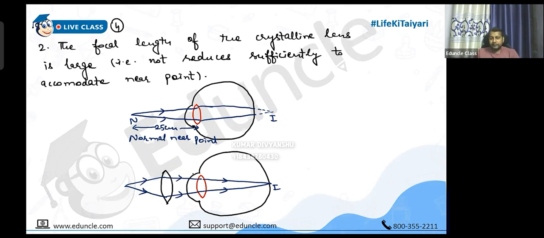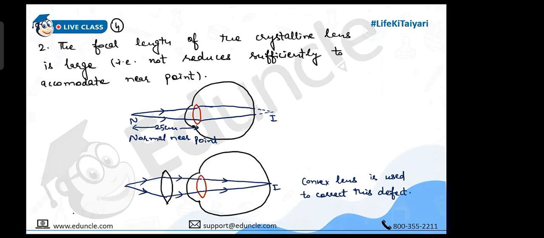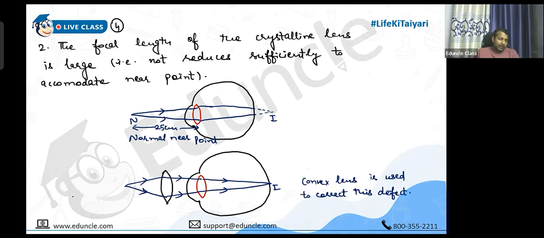Clear? Clear? Yes, sir. So then the person becomes capable of reading the newspaper, book, and he or she can see the nearby objects clearly.